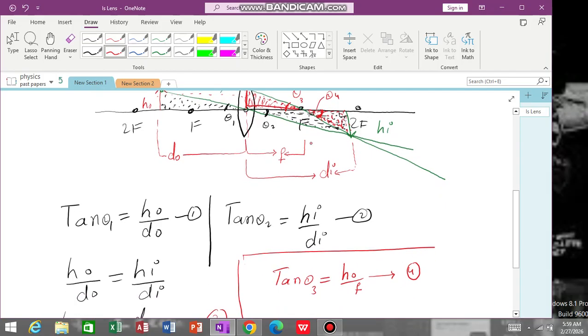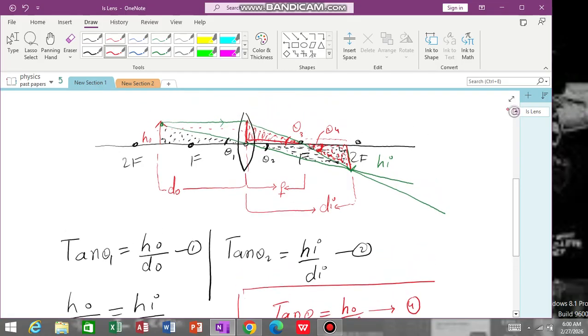Now in the other triangle, if I take tan theta 4, the perpendicular is this HI, and the base is this distance. Let's calculate this distance first.